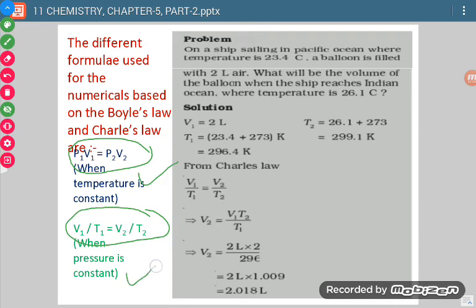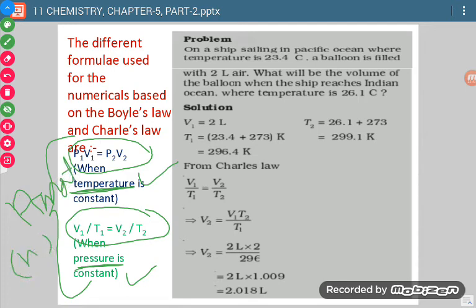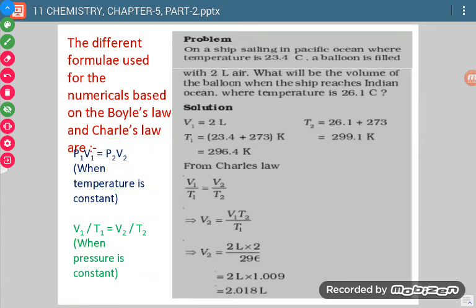When pressure is constant, then V1 by T1 is equal to V2 by T2. Now when we are talking about these things, it is known to us that amount is constant. Amount is noted by number of moles. Amount is also constant. Now let us see this example, that which formula is applicable for this question.